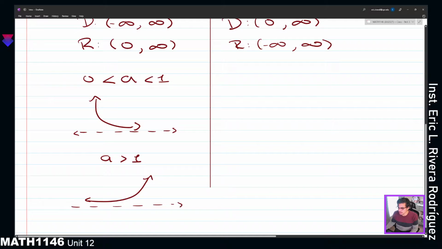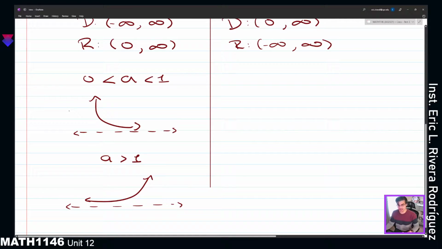You will see how we will use decreasing behavior and increasing behavior on the next unit, because on the next unit we are going to start working with real life problems that involve exponential functions. So this decreasing and increasing, or the growth factor, will make more sense on the next unit. Also, this is very relatable to biology and economics.